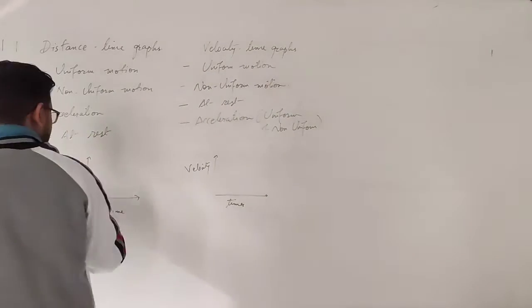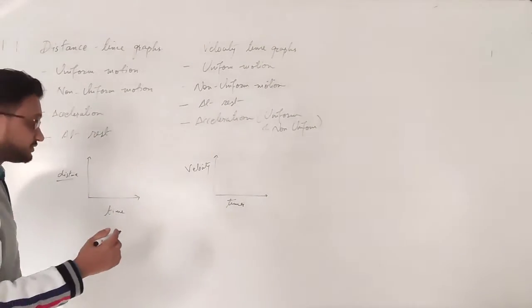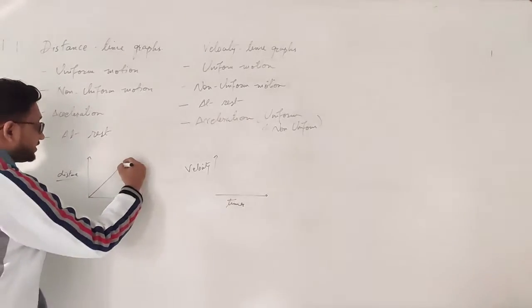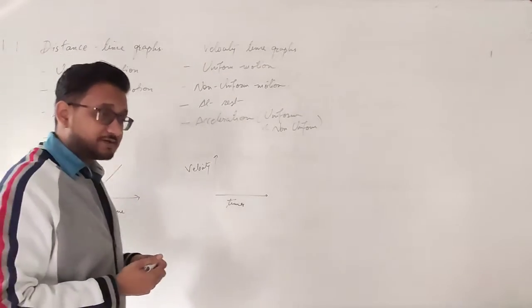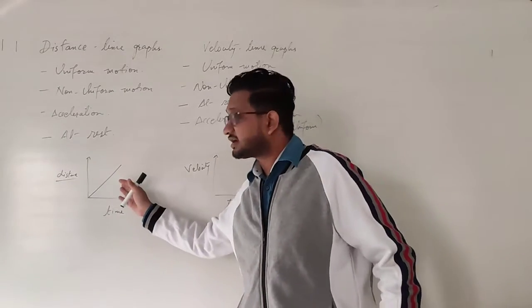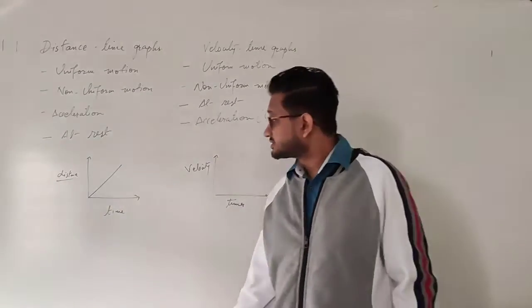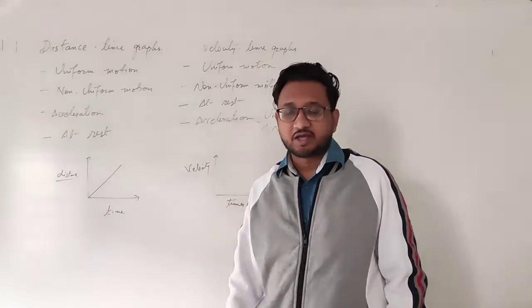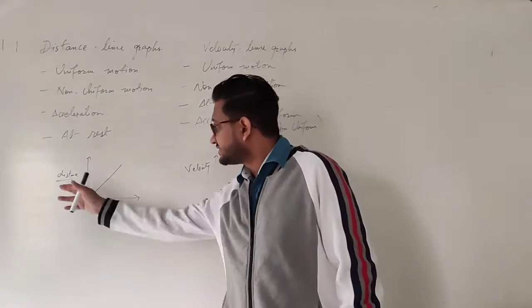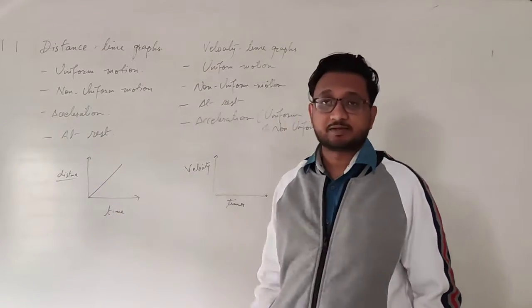If you plot the graph of such values, you will get a straight line. In short, the uniform motion of an object gives a straight line on a distance time graph.